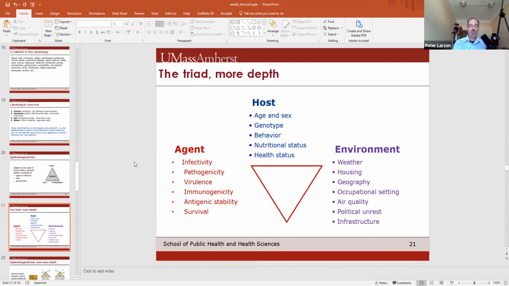It's actually quite disturbing, if you ask me. Infrastructure, how well does the built environment work to prevent, or how well does it work to exacerbate disease? All these things. So the host, agent, environment triad is going to be very important to understanding infectious disease in this course.